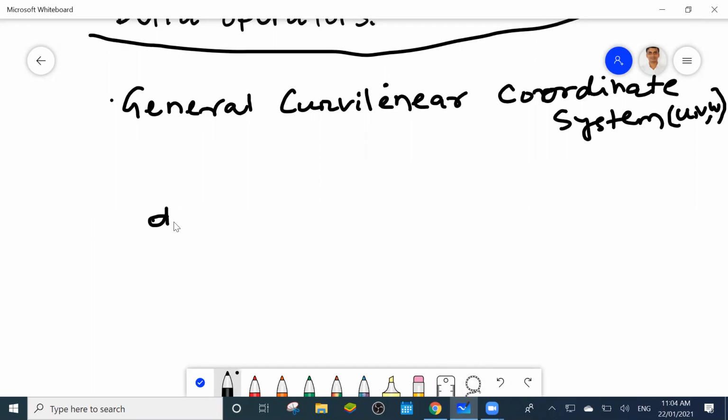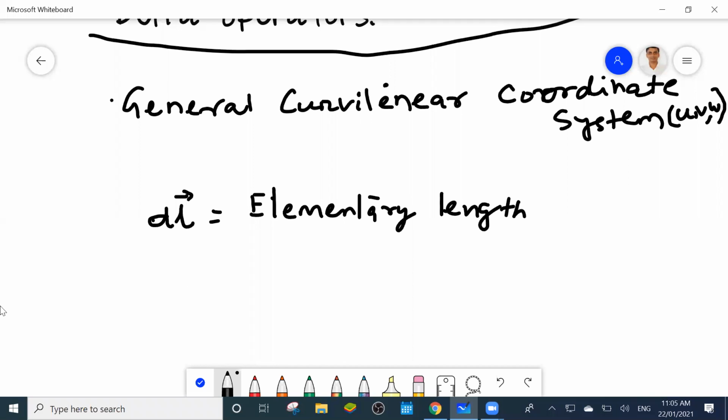Suppose I am writing this is del L, the elementary length.